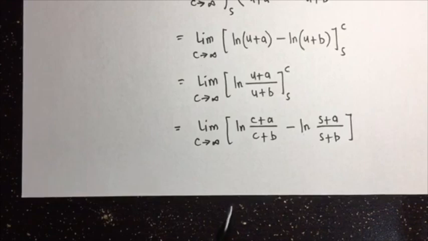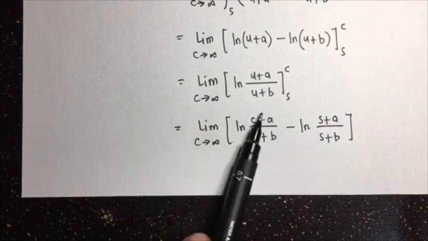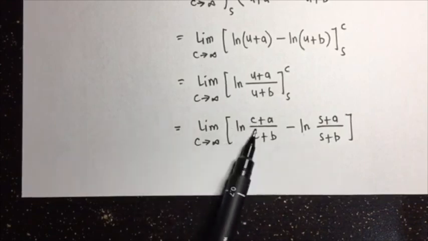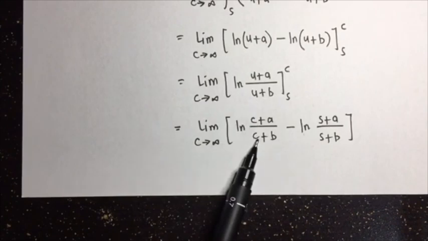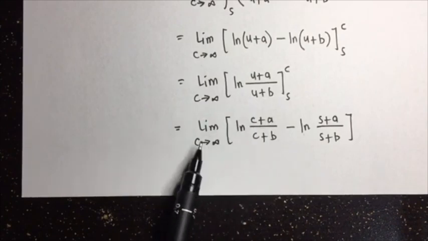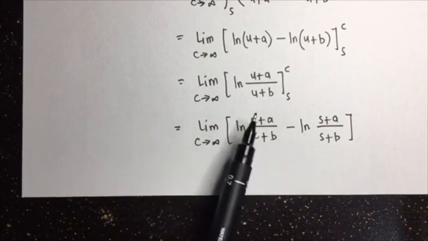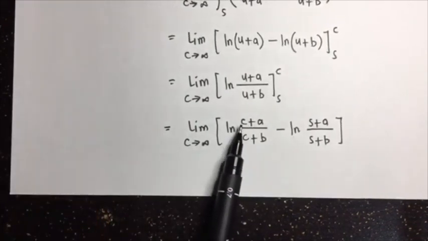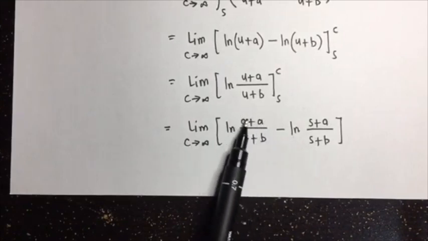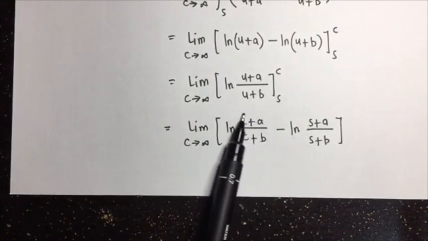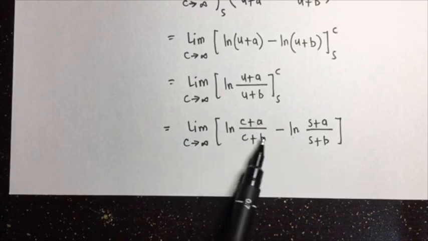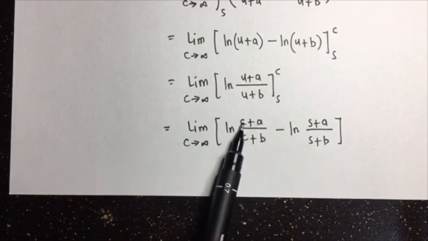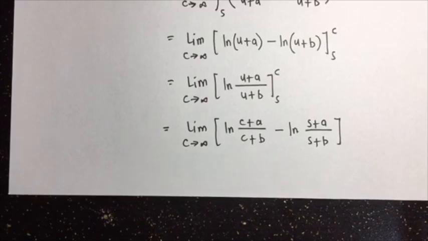Okay, so as c approaches infinity. If we substitute infinity immediately, this will become infinity over infinity, and ln of infinity is infinity. So therefore we cannot substitute that directly, so we can use the technique that we have used in the previous example. We will divide all the terms by c, the highest degree that c appears.